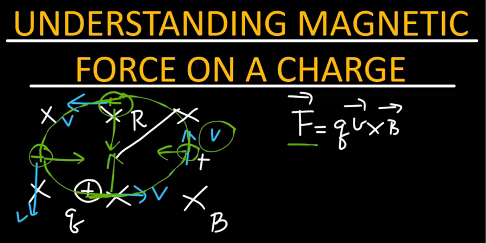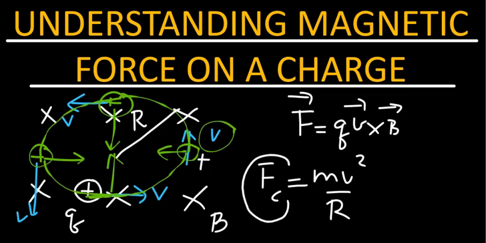Now we have also learned some time ago that whenever something moves in a circular trajectory, it would experience a centripetal force given by the expression m v squared over the radius of the trajectory. So in this case we know that the centripetal force, which is a type of net force, must be provided by that magnetic force.